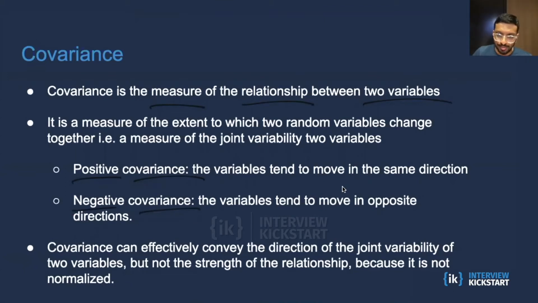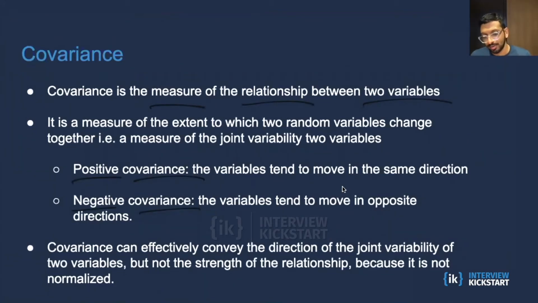Now, covariance is actually very good at conveying the direction of this joint variability, but it is not very good at conveying the strength of the relationship. That is to say, you could have a positive or a negative value, or you could have a zero value. And that basically gives you all the information that we saw on the previous slide.